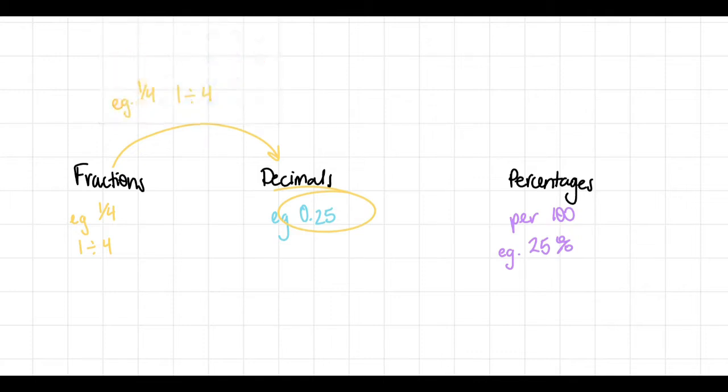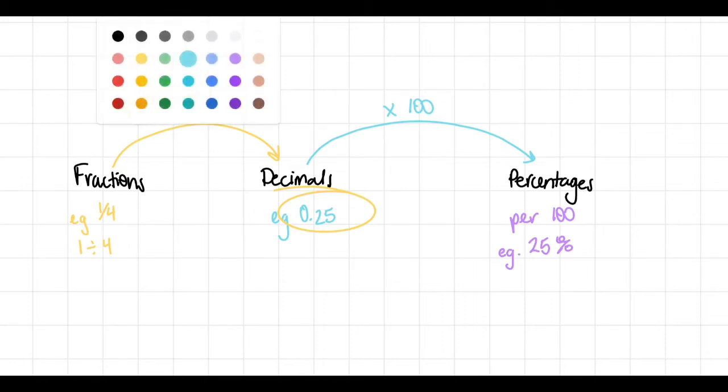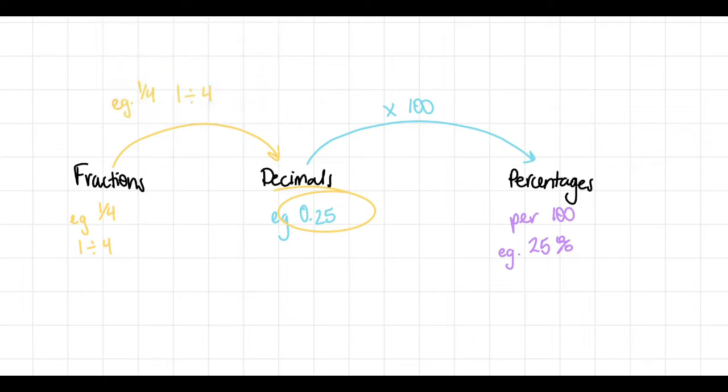From there, we can take that decimal 0.25, and to get a percentage, we just multiply by 100. So that's how we do it going that way. Then going the other way, to get from a percentage to a decimal, you just divide by 100. It's just the opposite of it.